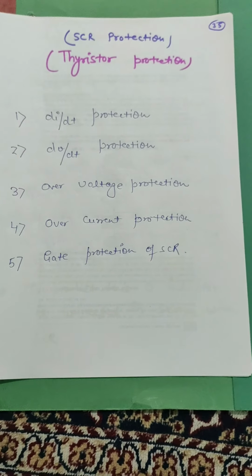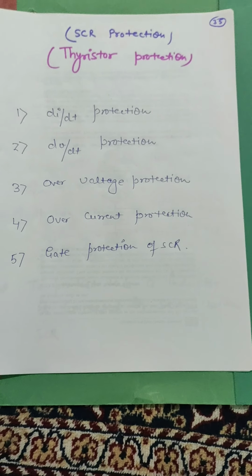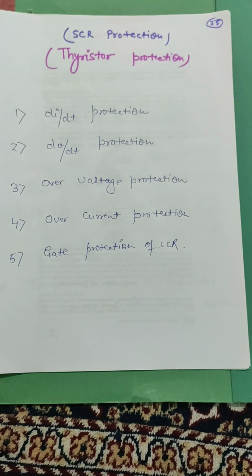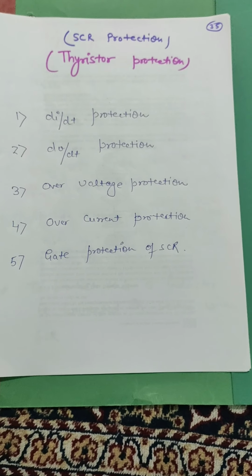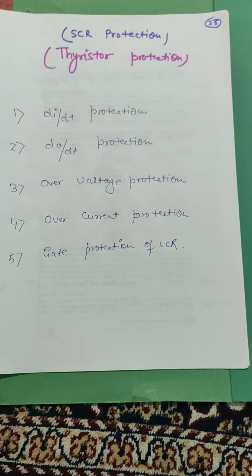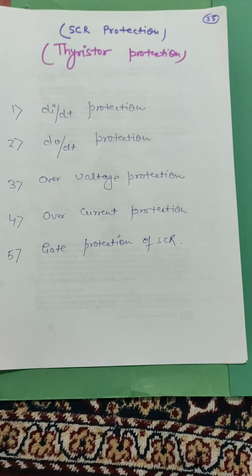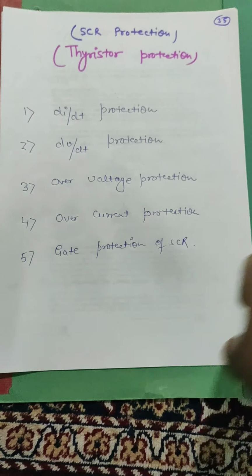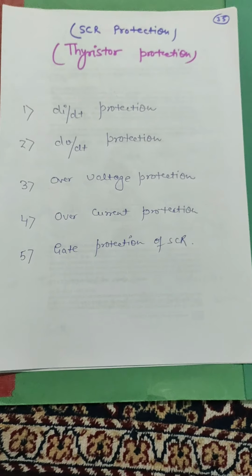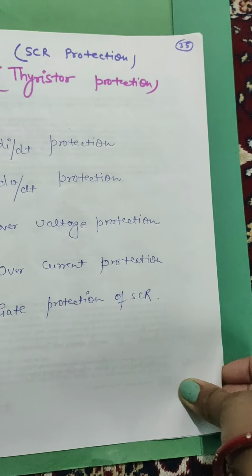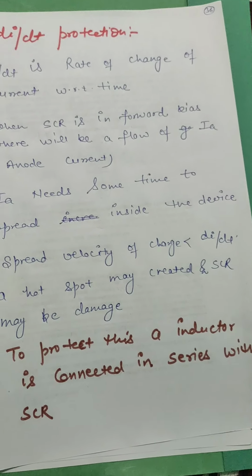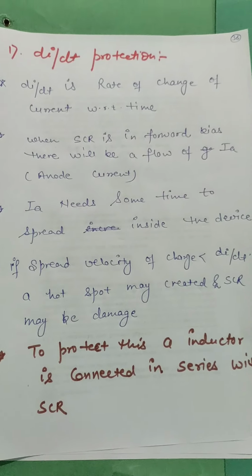Di by dt is rate of change of current. dv by dt is rate of change of voltage with respect to time. We will explain all these topics in this session. First is di by dt protection.